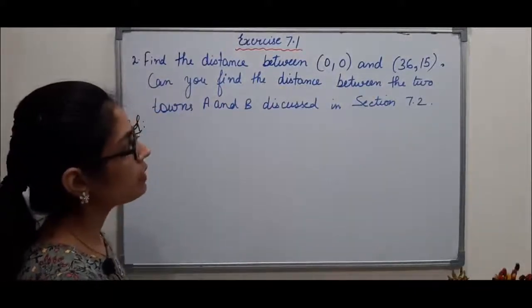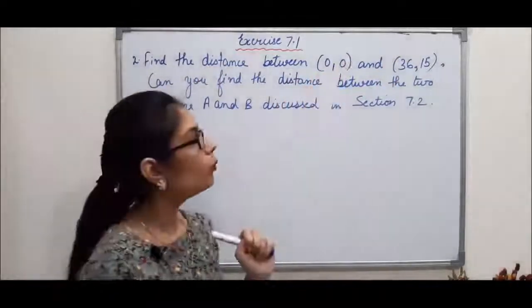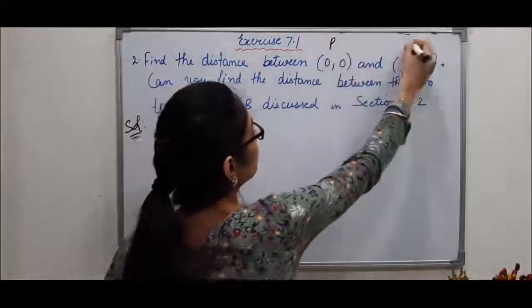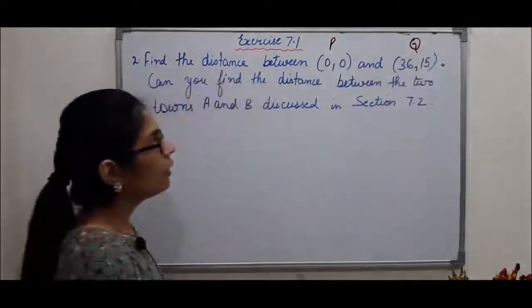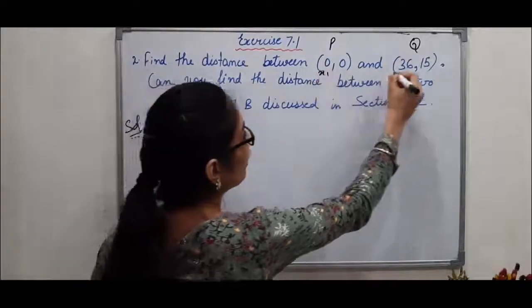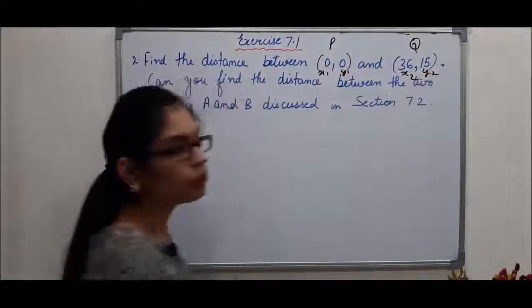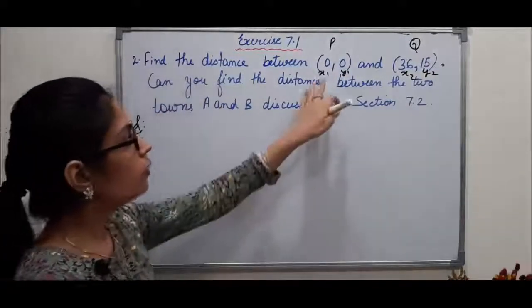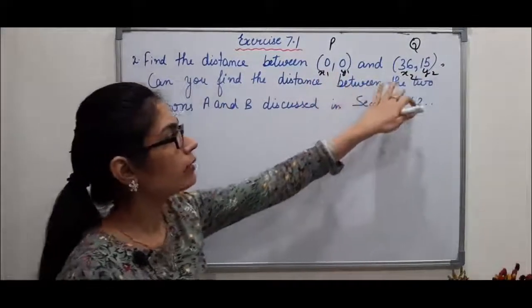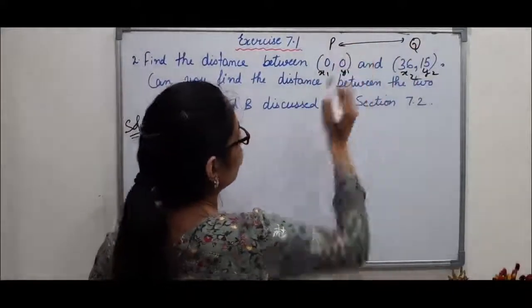Again, first we will do the first part. You have to find the distance between these 2 points. So let's name them as points P and Q. And we will first write the values of x1, y1, x2, y2 so that later on we won't get confused. This we have assumed from our side.